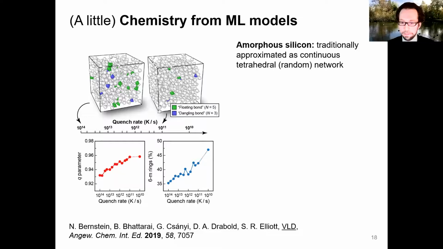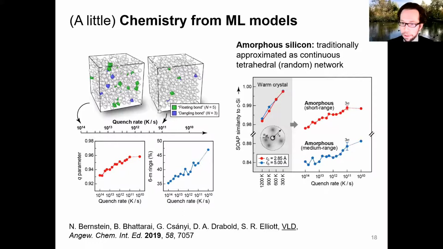Recall in diamond, you have only 6-membered rings, and in these amorphous films, you go up to almost half of them. I've shown you this many-body descriptor before, the smooth overlap of atomic positions. And now instead of using it to fit a potential, I can use it to quantify the similarity of atomic environments with respect to the crystalline phase. So this is information that's extracted from the SOAP kernel.